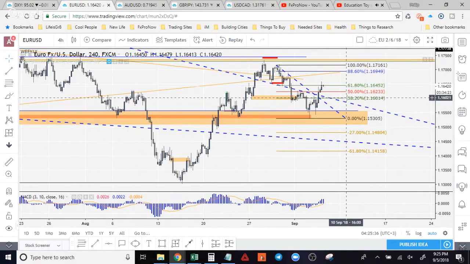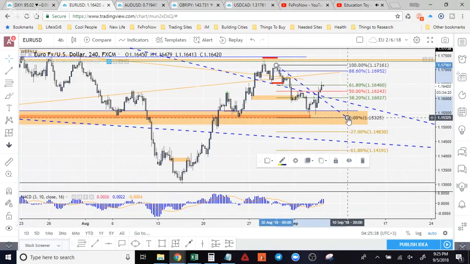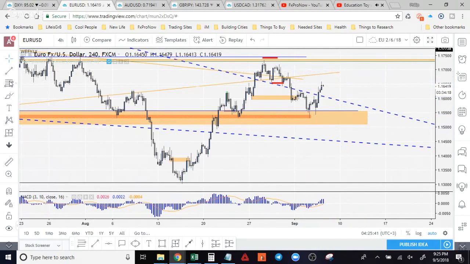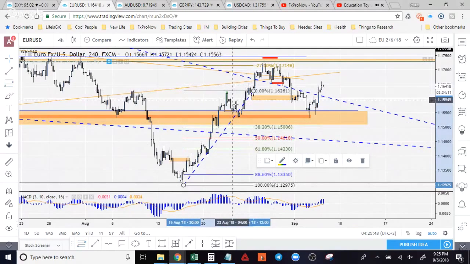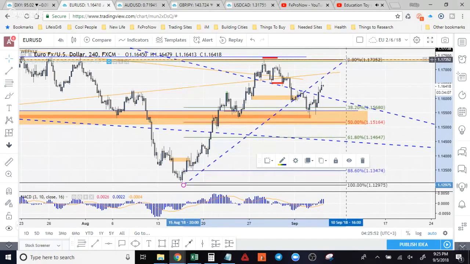But the thing is, right now, when it comes to EURUSD, there's no clear direction of where this is going specifically. If I was to put point A down here, point B over here, price didn't get to 38.2. So I'm going to just push this up a little higher. And we see point A, point B, point C, 38.2.